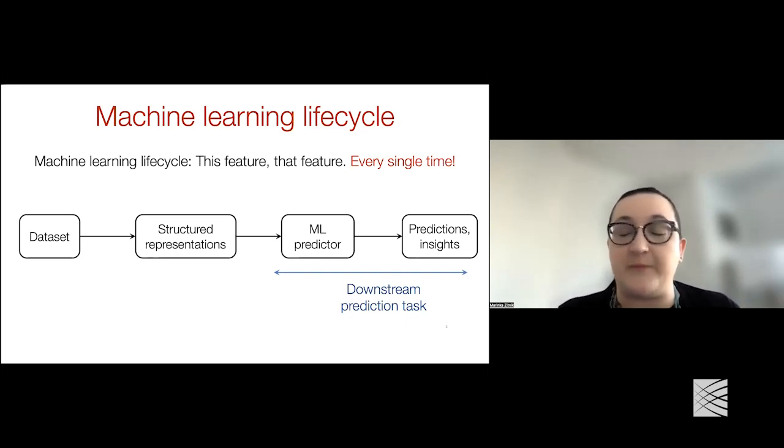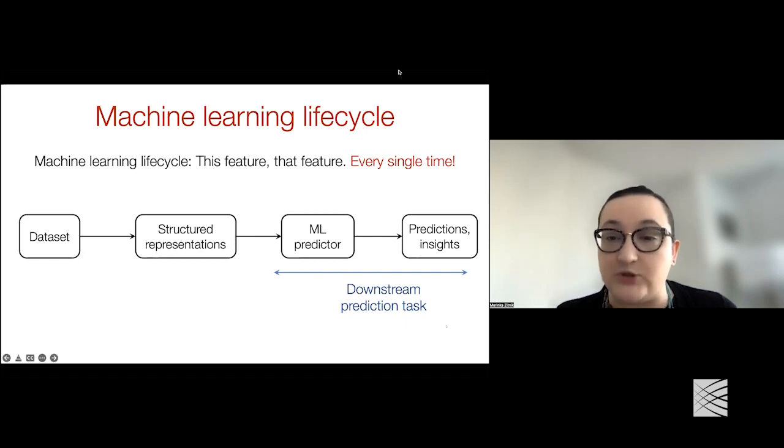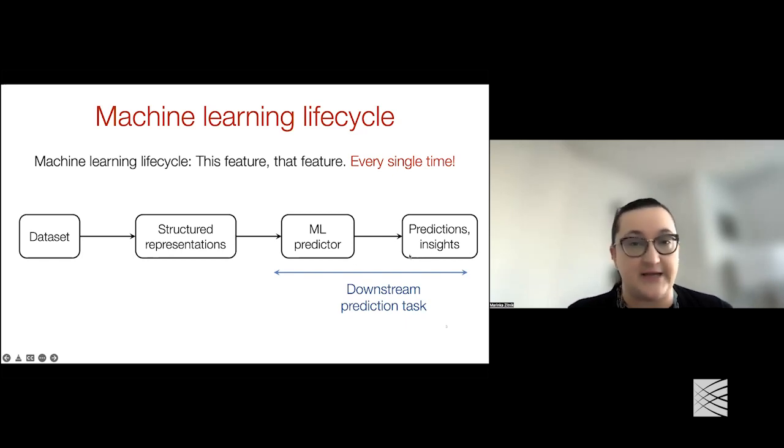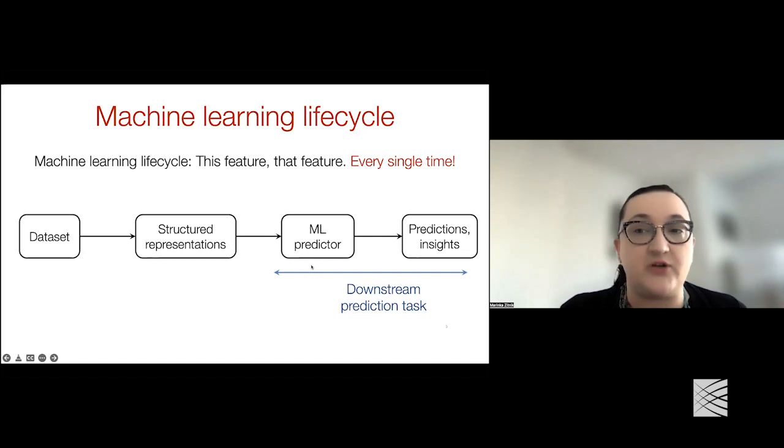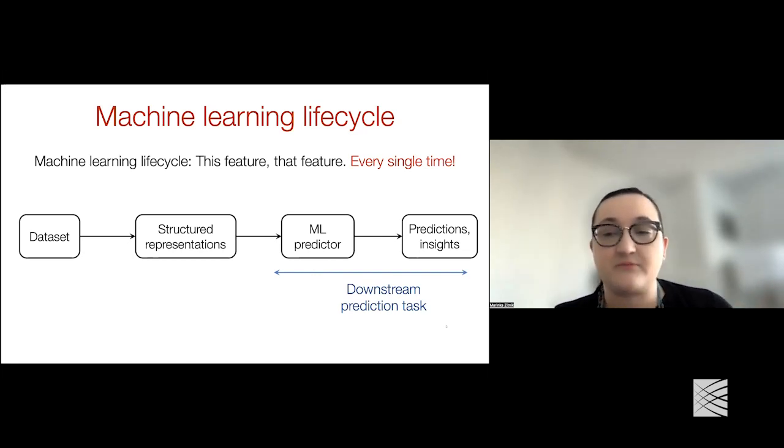Those structured representations are then used as input to a machine learning predictor of your choice that might depend on a particular application you have in mind, and that predictor is trained to derive predictions and insights. We often refer to the second stage of building a predictor on learned representations and training that predictor as the downstream prediction task.